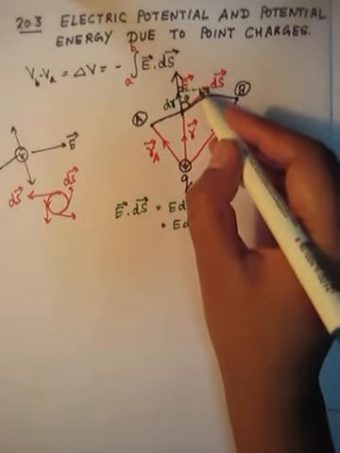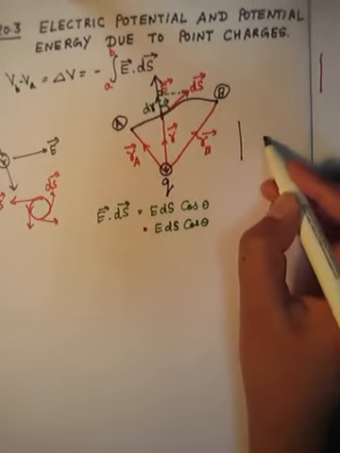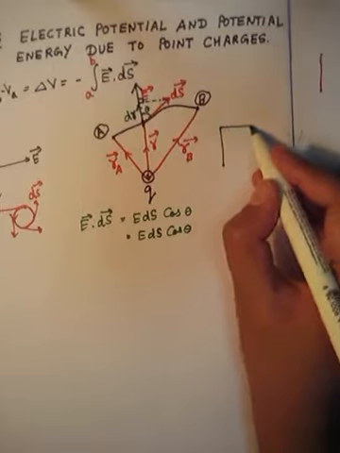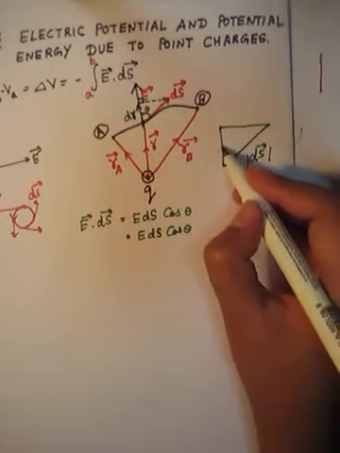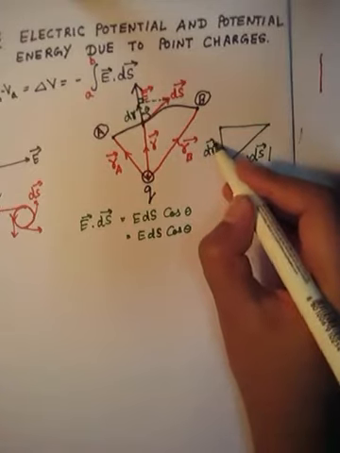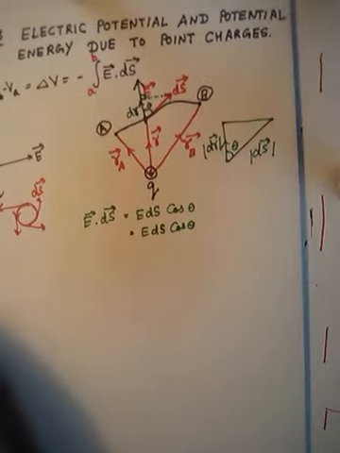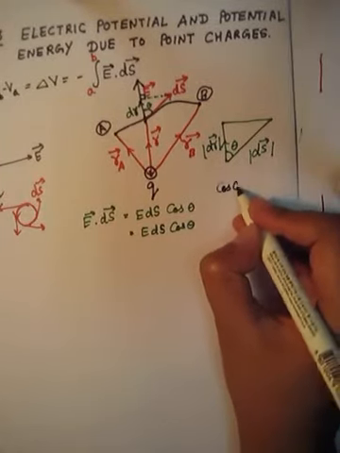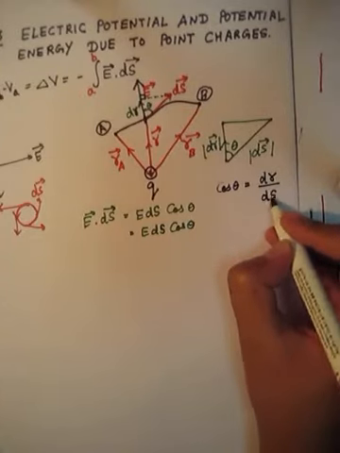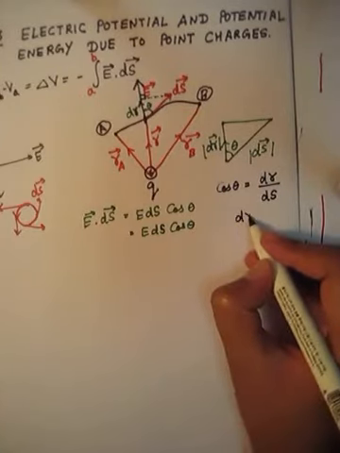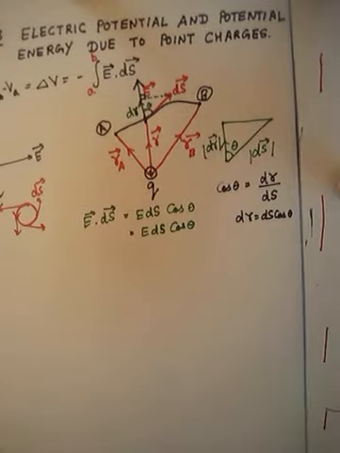Drawing this triangle separately, this will be ds, this will be dr, and this angle is theta. So cosine theta will be dr upon ds, so dr will be equal to ds cosine theta.